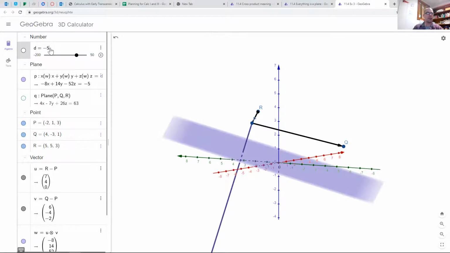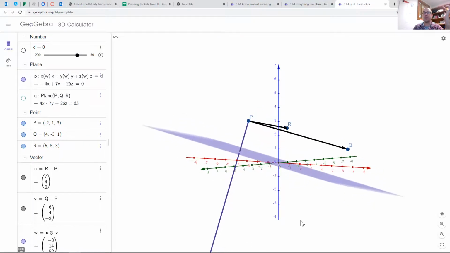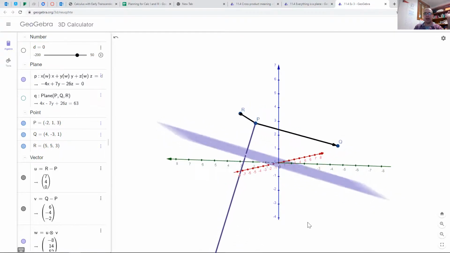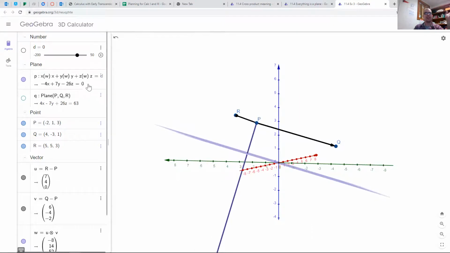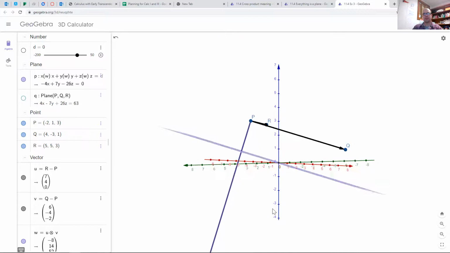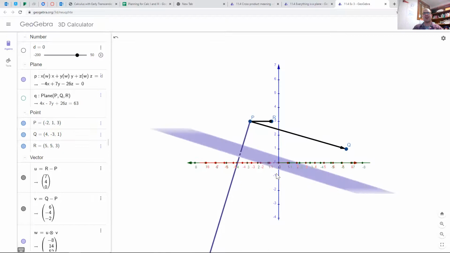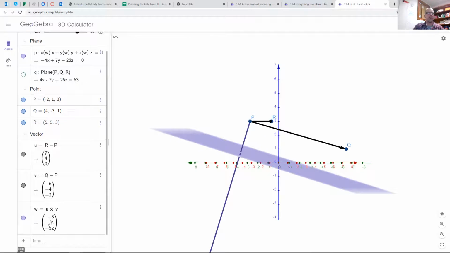All right, we're going to set this equal to 0 so that we see what happens. But when you set that dot product equal to 0, you get a plane that's going through the origin. But what the constant on the right-hand side of this plane equation does is shift the plane along the normal vector, and it encapsulates all of the different points that would have a certain dot product with the vector -8, 14, -52.